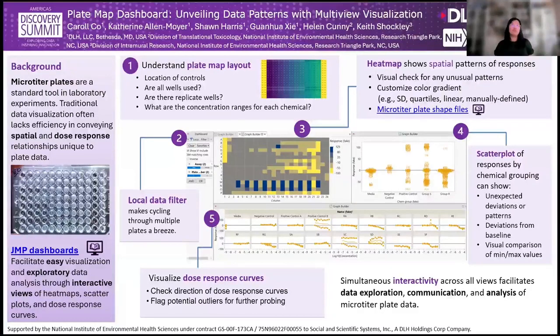A solution we came up with, which was thankfully also easy to implement in JMP, was a dashboard made up of a local data filter and then 3 graph builder panels so that you can look at different views of the same data set from different perspectives.